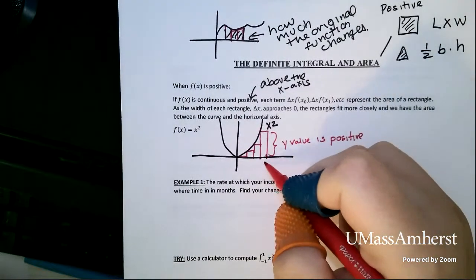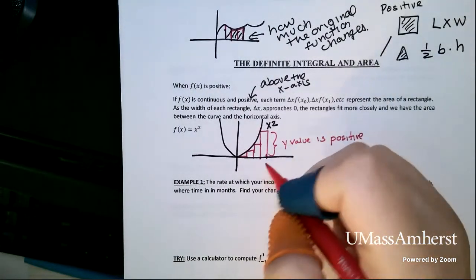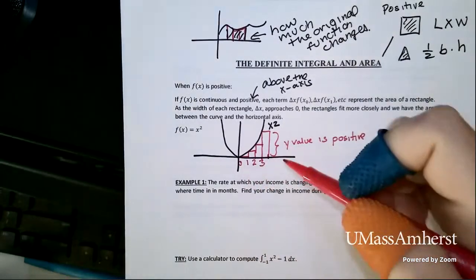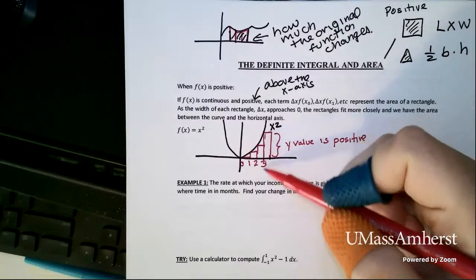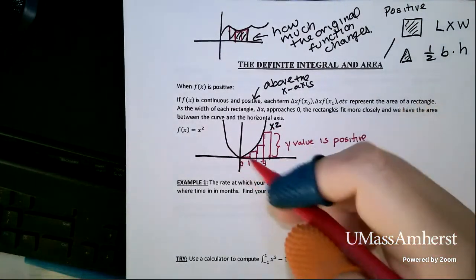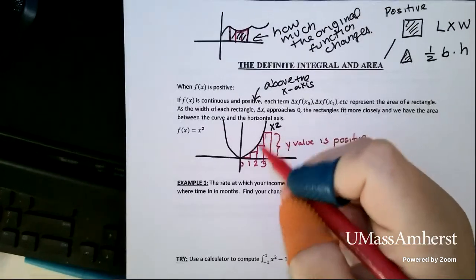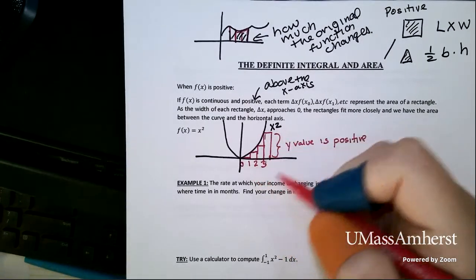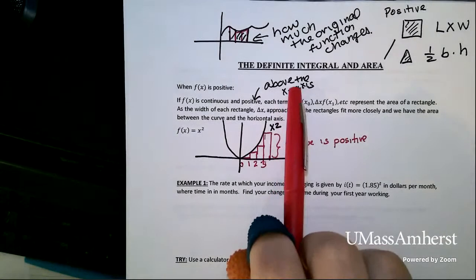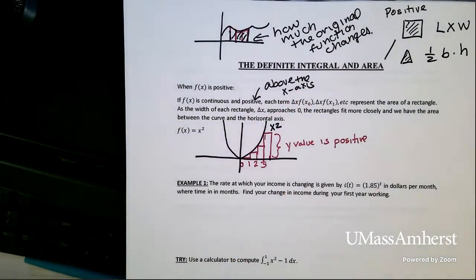So whatever number this is, let's say this is 0, 1, 2, 3, right? This height, I'd plug a 3 into x squared and I get 9, right? So 9 times 1 gives me an area of 9. So every value I'm dealing with here is positive. So the area that I get when I do the integral is also positive. And that is because the function is above the x-axis, okay?